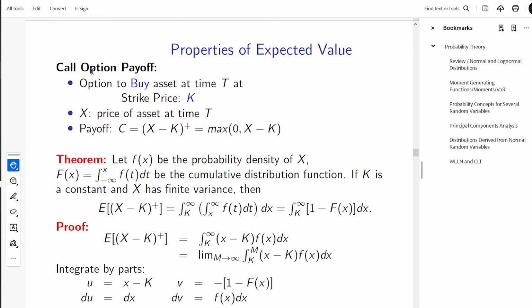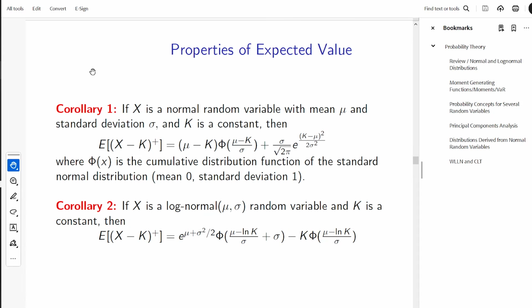And so that result ends up being applicable here in a very nice way. Now, with a normal distribution for x, we get this formula coming out for that call option. And if we have a lognormal, we get this different result. So knowing the distribution affects what the option price is.